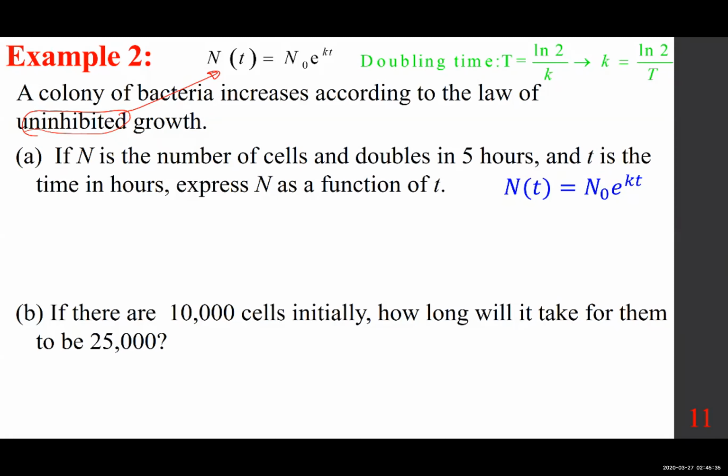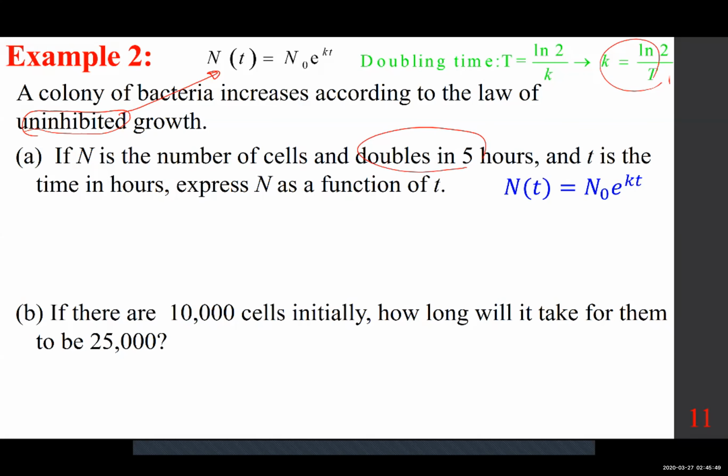Now, what we can do again, we can use this formula. And remember, doubling takes place in 5 hours. So you replace the t with 5 hours. And that's it. That's simple.